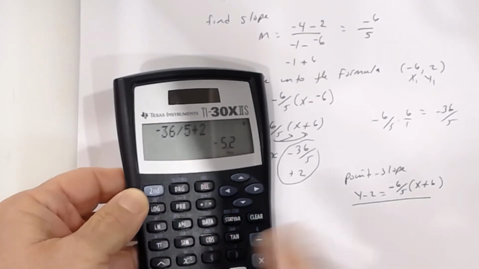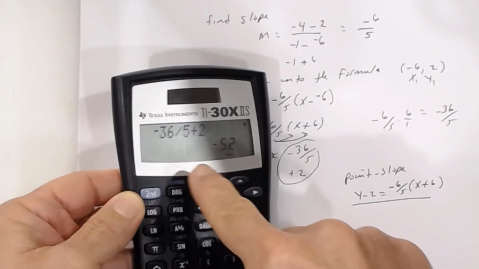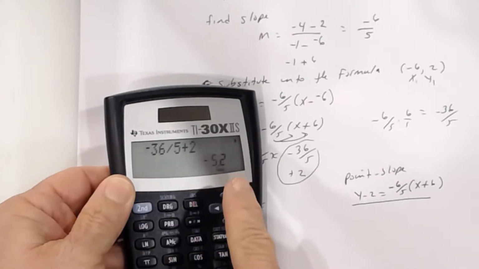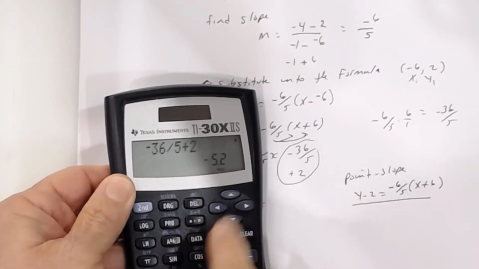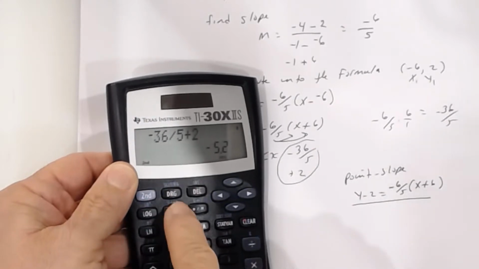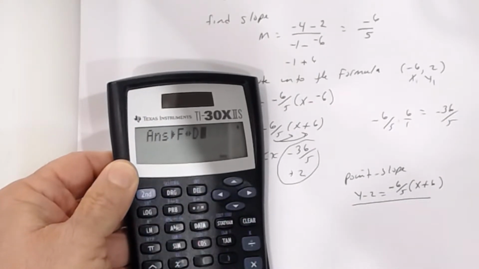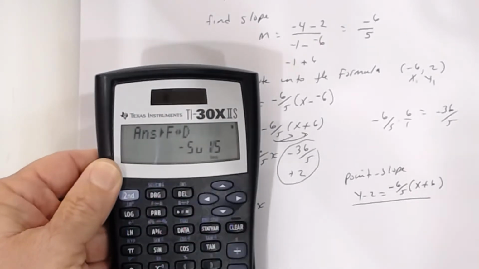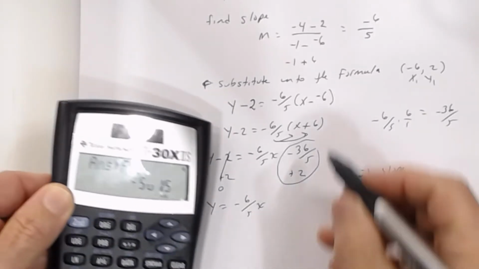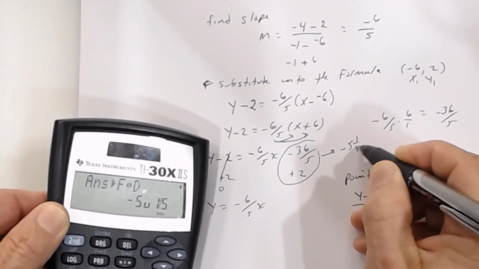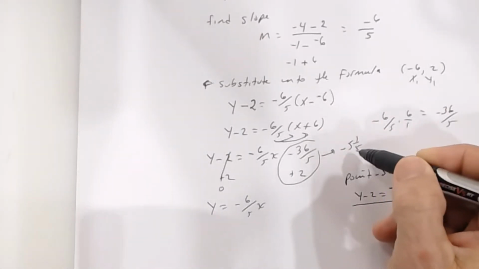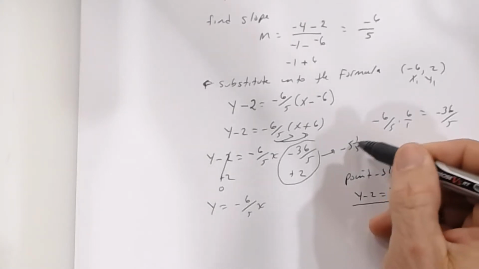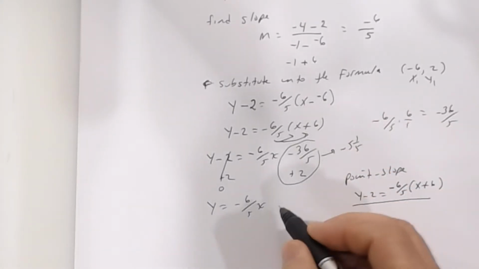Come on, guys, you had this last semester in terms of using your calculator with fractions. Okay, but it's written as a decimal. I need for you to rewrite it back as a fraction. So what do you press up here? Second, PRB, and then press equal, and what do you get? Negative 5 and 1/5. All right, so this right here is negative 5 and 1/5. But then you got to rewrite this. Now, this is a mixed number, so you got to rewrite this back as an improper fraction. So negative 26 over 5.